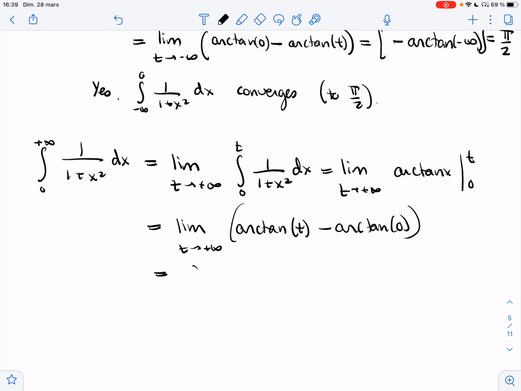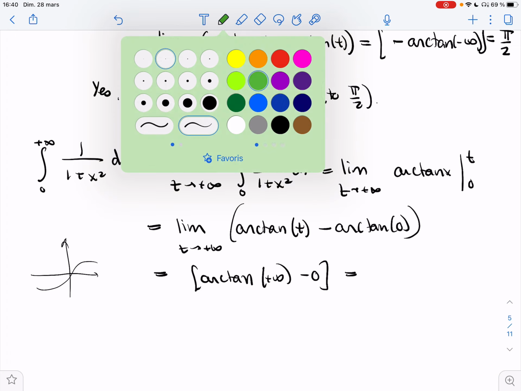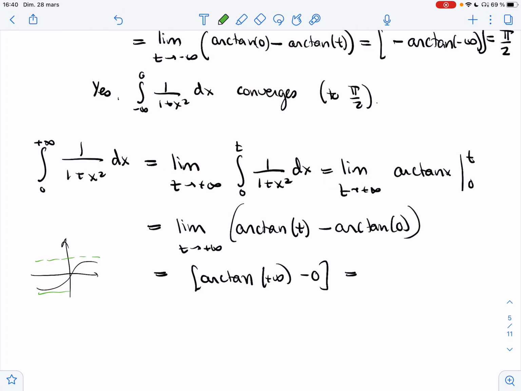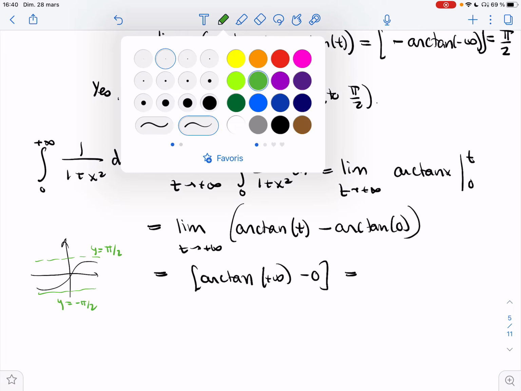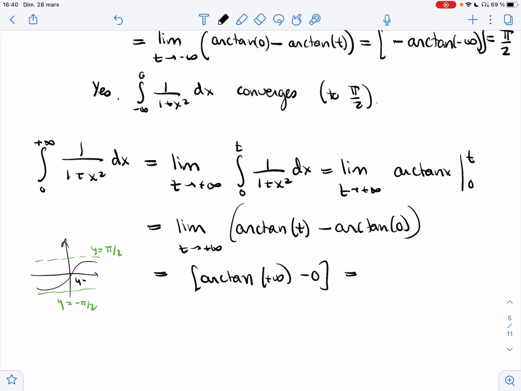That's arctan of positive infinity, minus arctan of 0, which is 0. And so arctan of positive infinity, if you don't remember, you could look back at chapter 1, but really, just to refresh your memory, those two limits we're computing correspond to the horizontal asymptotes of arctan. And so here I'm getting pi on 2.